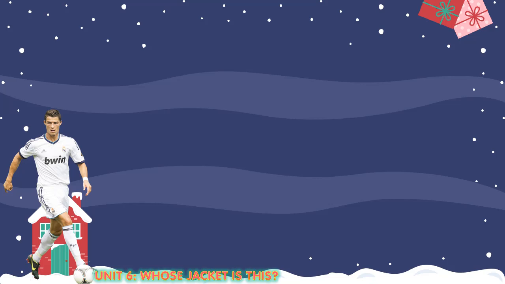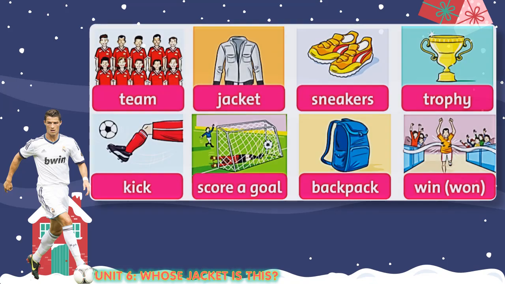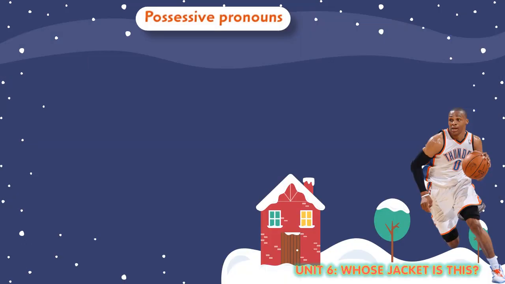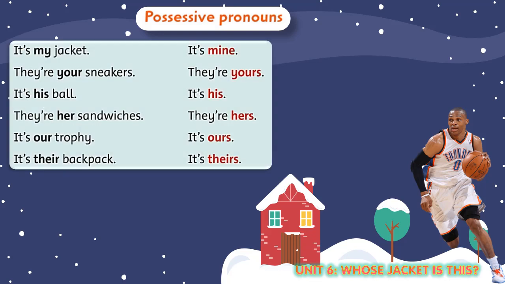We study some words related to sport, like team, jacket, sticker, trophy, kick, score a goal, backpack, win, won. And we also study possessive pronouns: mine, yours, his, hers, ours, theirs.